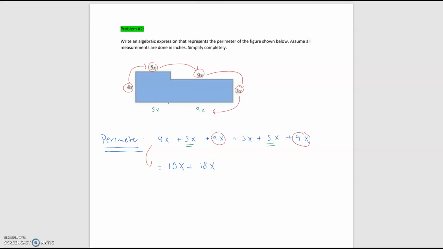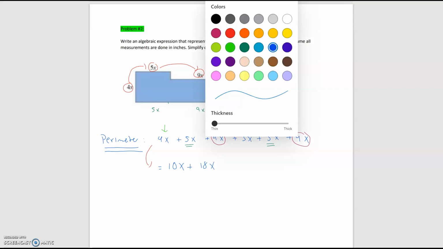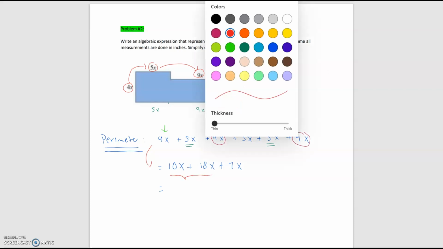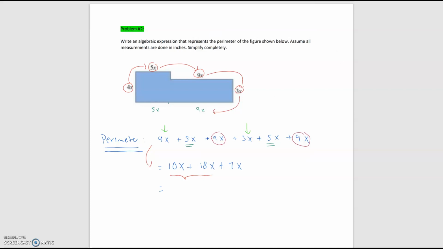That leaves 3x and another 4x. So 4 and 3 will be plus 7x. Adding the 10x plus the 18x gives 28x, plus 7x, and we're looking at 35x.